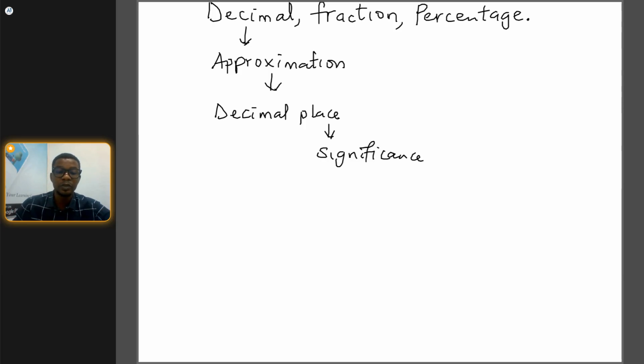So we're looking at this today, and I want us to try as much as possible to follow attentively. We're looking at approximation, under which we're going to be talking about decimal place and significant figure, and also we'll be talking about fraction and percentage.